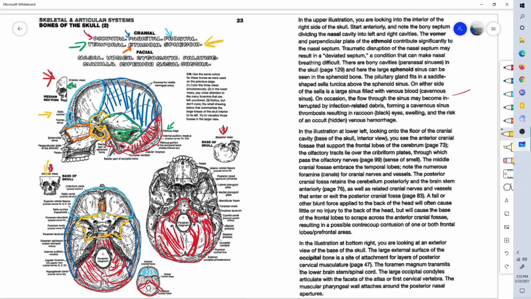The temporal bone, where is the temporal bone? Green. The temporal bone, there we go, articulating with the sphenoid bone there.